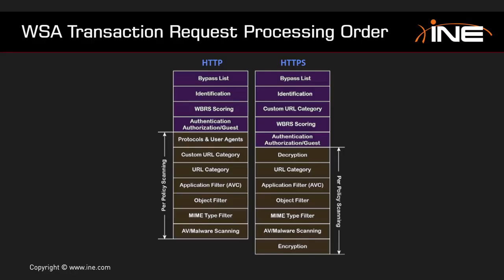Okay, in the second step, we will perform evaluation of the identification profiles. Then there is going to be what is known as a web-based reputation system, or just web-based reputation score. We will talk about most of those engines in this session.